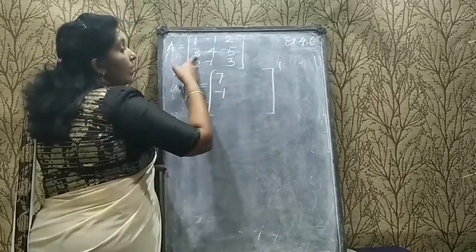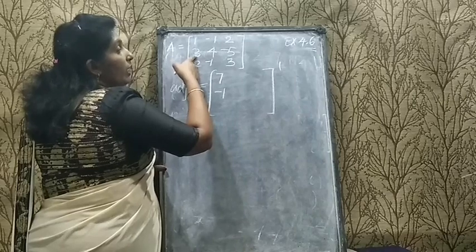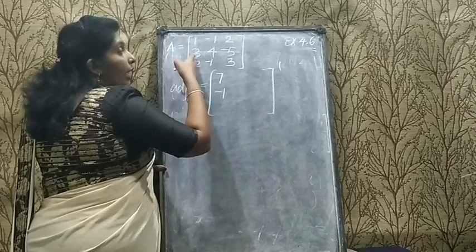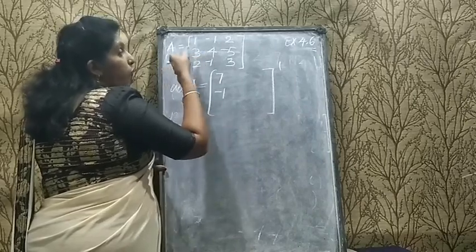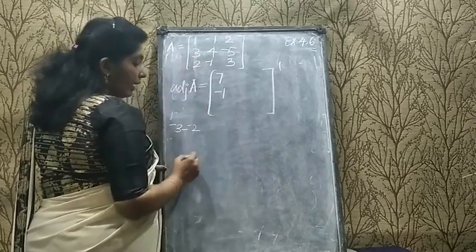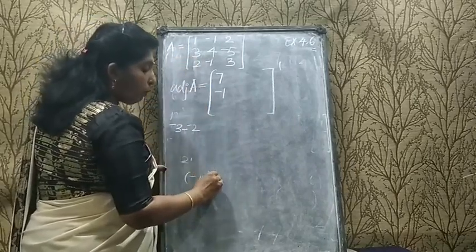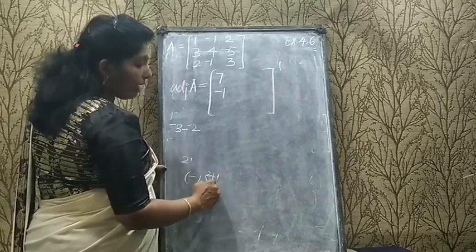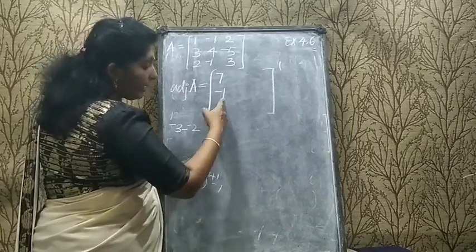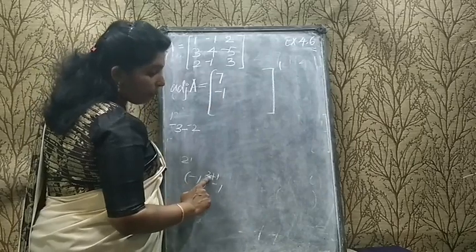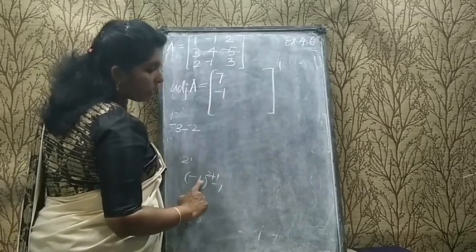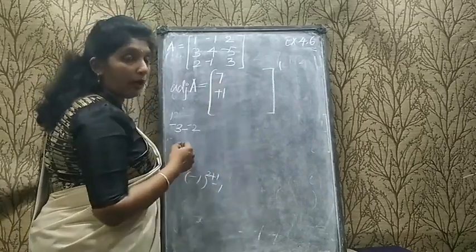But here the position of the 3 is very important. That is second row, first column. So minus 1 raised to power 2 plus 1 into the minor, which we got as minus 1. Minus 1 raised to power 3 is minus 1. Minus 1 into minus 1 will be plus 1.